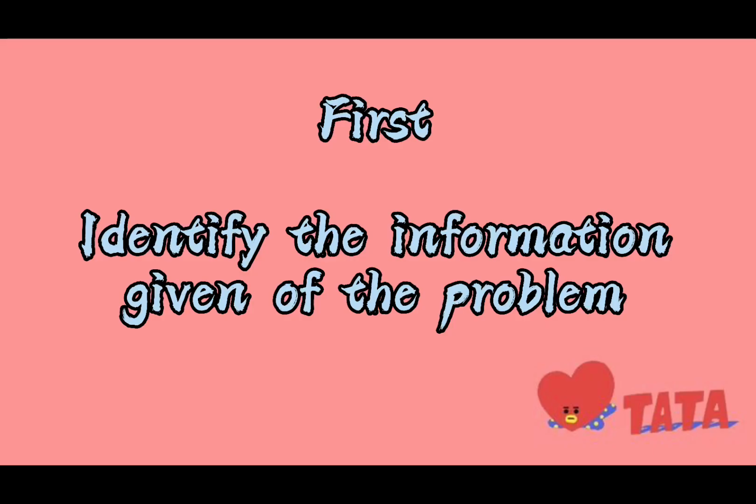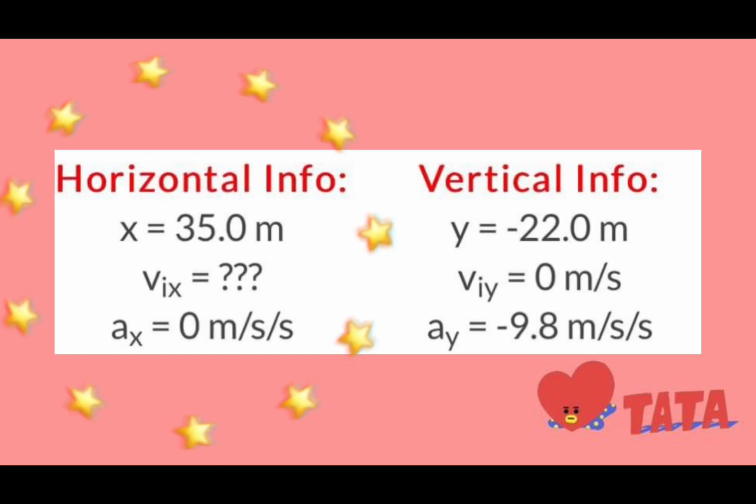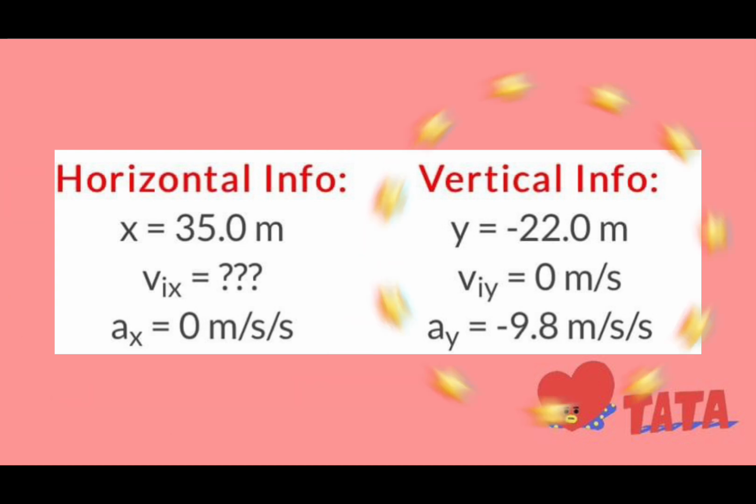First, we need to identify the given information of the problem. The horizontal info: x equals 35 meters, a sub x equals 0 meters per second squared. The vertical info: y equals negative 22 meters, v sub y equals 0 meters per second, and a sub y, which is the gravity, equals negative 9.8 meters per second squared.